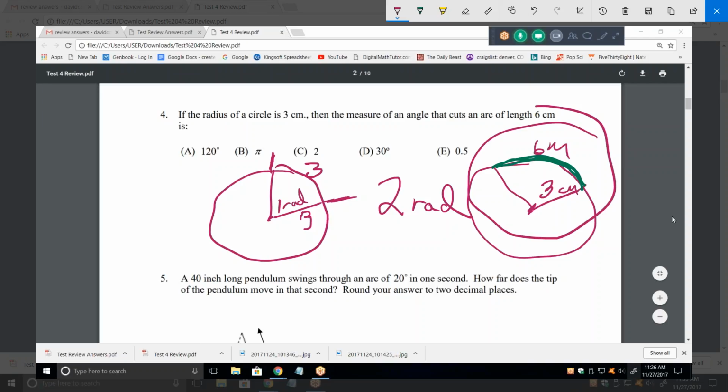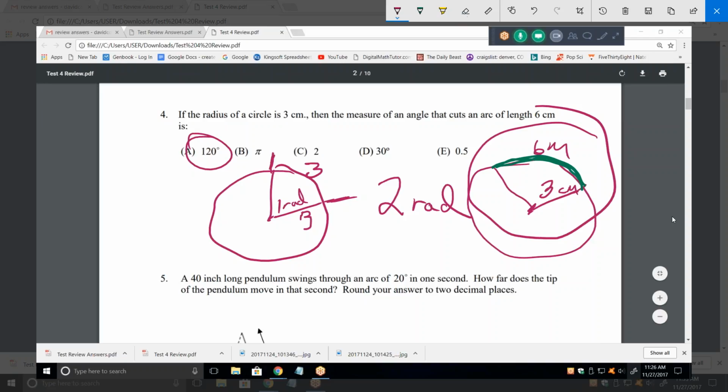Now, that certainly is not 120 degrees. 1 radian is not 60. 1 radian is about 57. In other words, let me think for a moment. 2 pi radians has to equal 360 degrees.